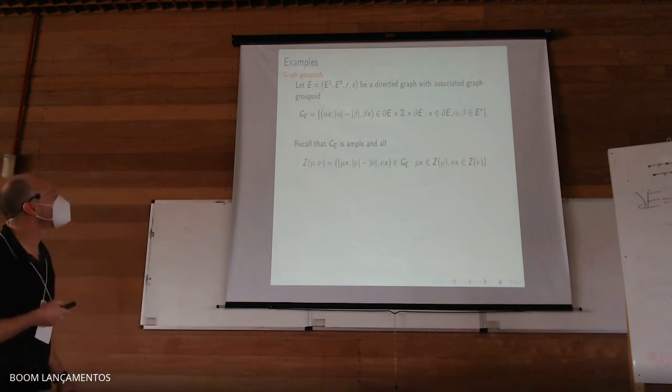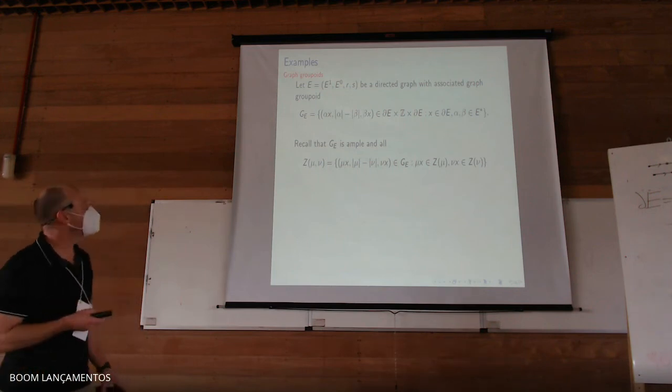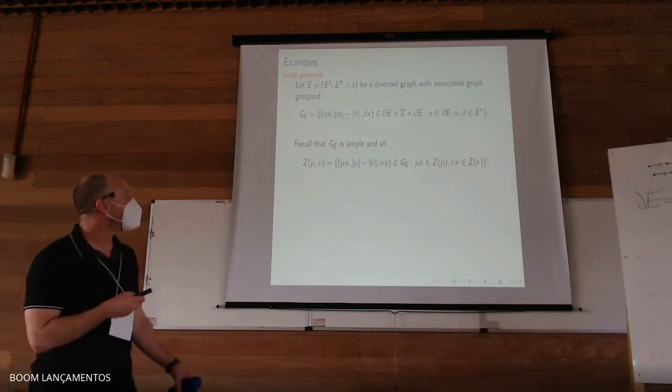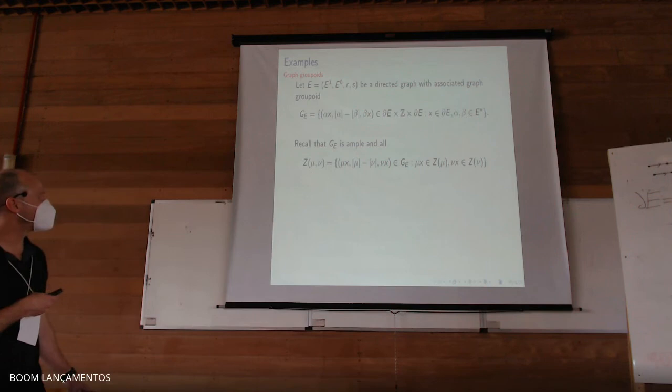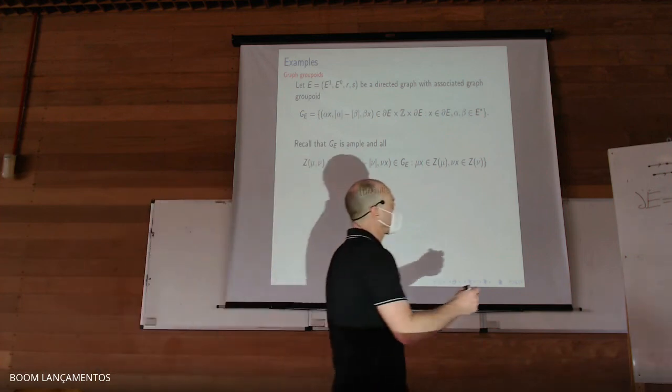Okay. So recall that G is an ample groupoid, where the compact open sets are given by the Z(mu, nu). So maybe let's elaborate a little bit on this.